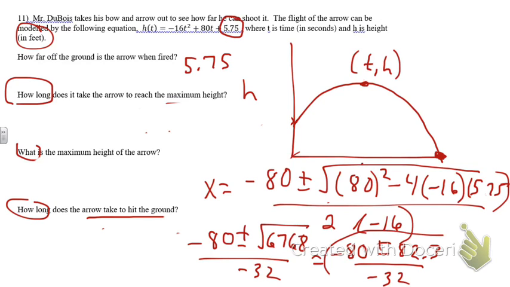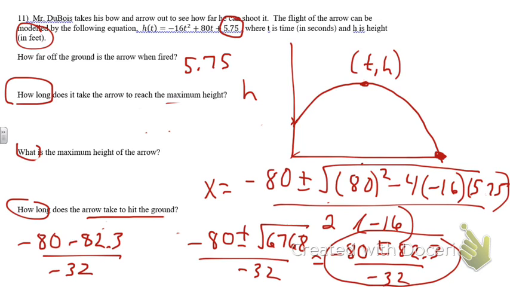Now there's only one answer there that's going to work, and that's the negative 80 minus 82.3. Because if you do plus, you're going to get a negative time, which unless you're Michael J. Fox, you can go back in time. It won't work. So 5.07, that's your decimal estimate.